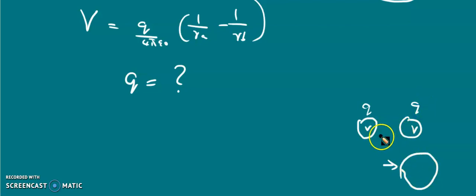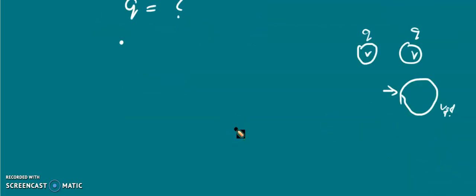Here two equivalent drops coalesce into a bigger drop, and we have to calculate the potential of this bigger drop, Vd. While coalescing, the total charge adds. So the charge of the bigger drop, capital Q, is equal to Q plus Q, 2Q.